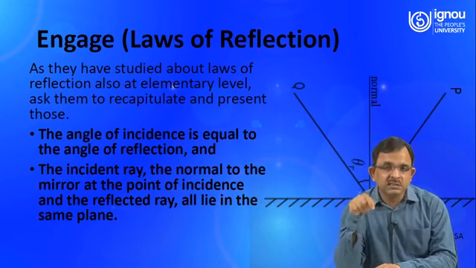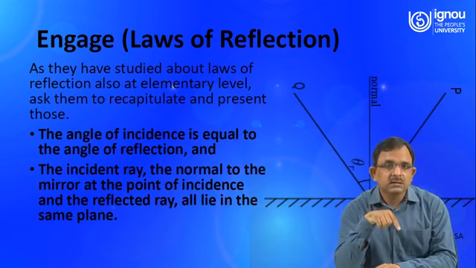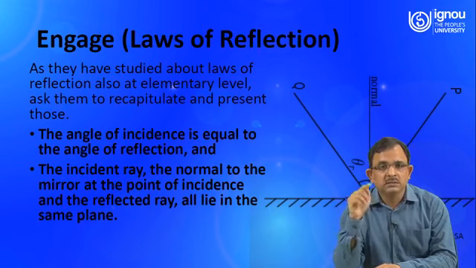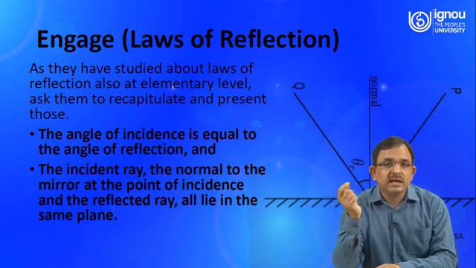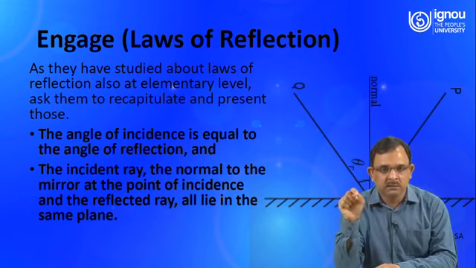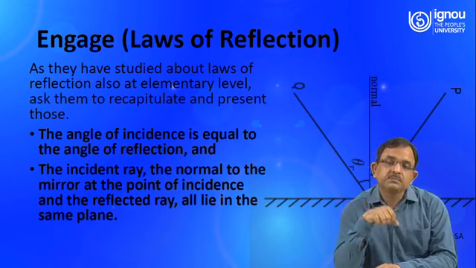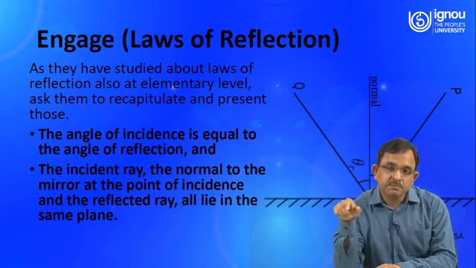What is the angle of incidence? The angle between the normal and the incident ray, and the angle between the normal and the reflected ray. The incident ray, the normal to the mirror, and the reflected ray all lie in the same plane.